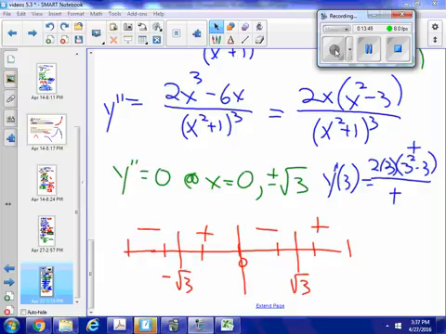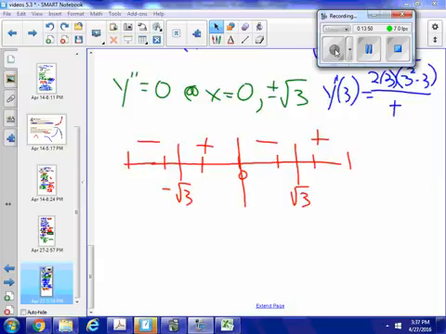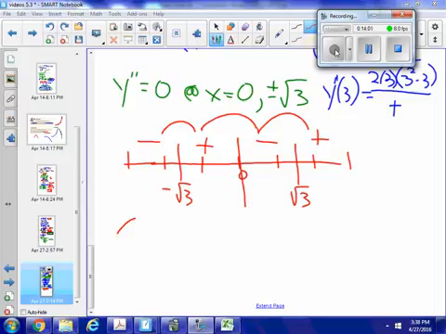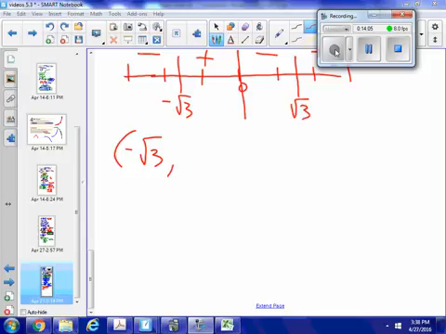So I can see now, since my second derivative is always changing in each of these intervals, from negative to positive, positive to negative, negative to positive, I am going to have inflection points at negative radical 3 something, 0 something, and positive radical 3 something.